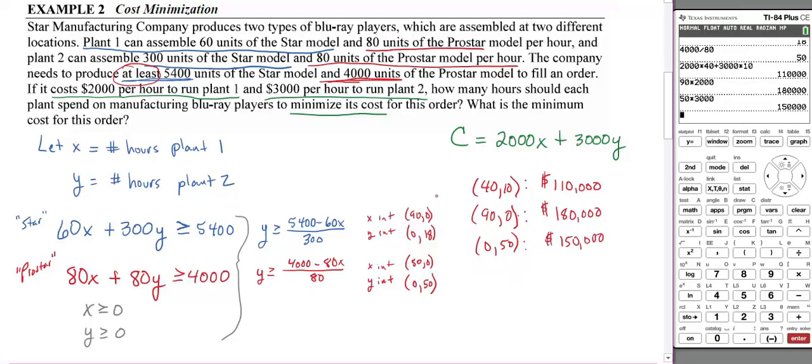So remember, for us to optimize our objective function, we are wanting to find the minimum to minimize the cost. So that would be 40 hours. Number of hours for plant 1 is 40 hours. Number of hours for plant 2 is 10 hours. And the minimum cost is going to be $110,000.